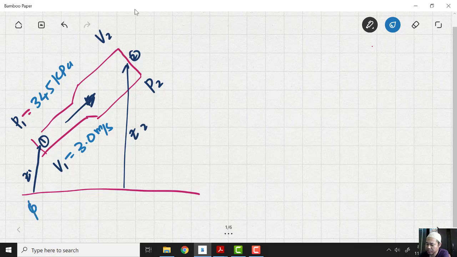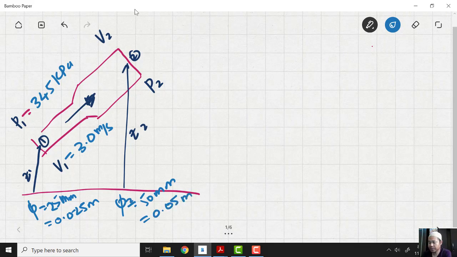Diameter at point 1 is 25 mm, and diameter at point 2 is 50 mm. If they give you the unit in mm, you need to change it into SI unit in meter, which is 0.025 meter, and diameter at point 2 will become 0.05 meter.